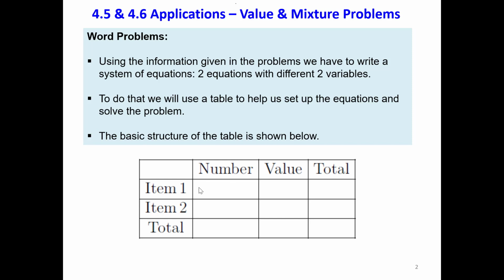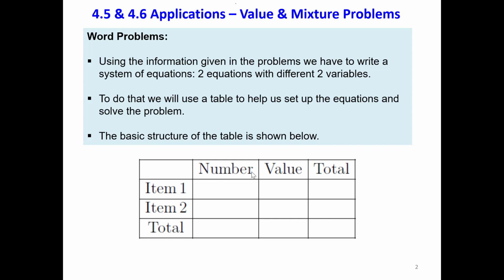In these tables, we will have item 1 and item 2. This can be, for example, two different kinds of meal, or two different kinds of account. This can be anything in the problem.